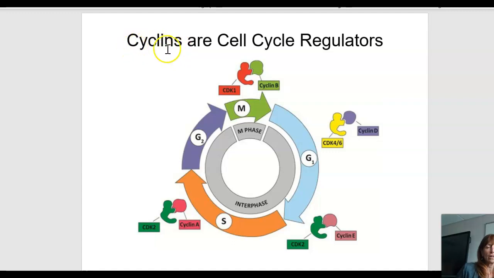Cyclins are produced, and cyclins are things which will bind with something called a cyclin-dependent kinase, or CDKs. And when they do, these cyclins that are produced are going to bind with one of these cyclin-dependent kinases and then activate it. So cyclins are a cell cycle regulator, and we'll look at a couple of specific ones.